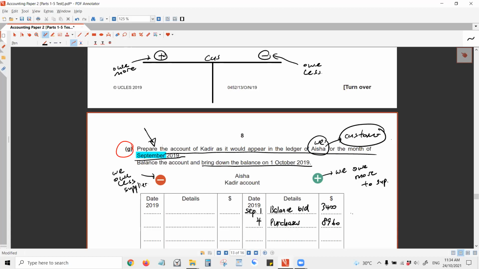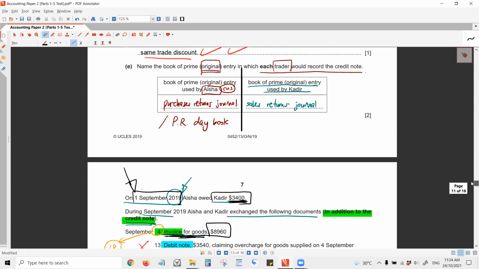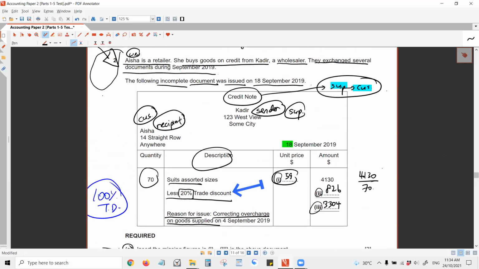After that, we have to record the credit note. Unless you read it, you don't know what happens. Here it is about goods being returned. When we are the customer, we call the returns purchases returns. So record the double entries.